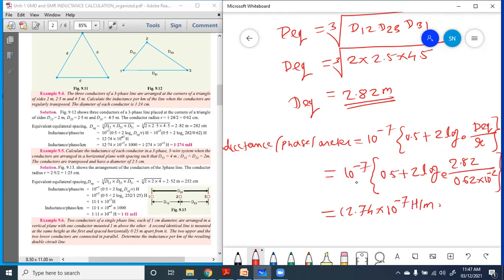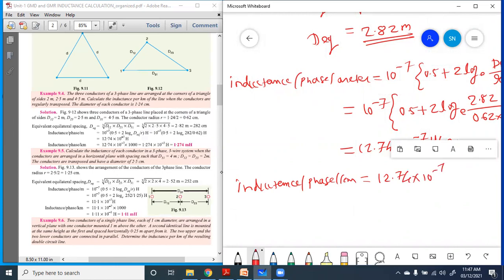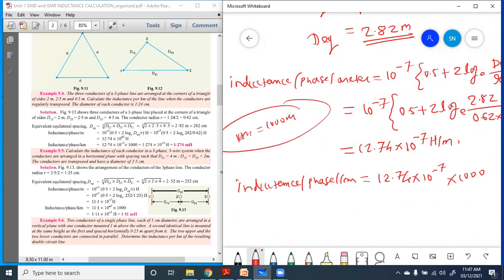But we need the answer per kilometer. The inductance per phase per kilometer is equal to 12.74 x 10^-7 x 1000, because 1 kilometer is 1000 meter. So we convert from meter to kilometer by multiplying by 1000.